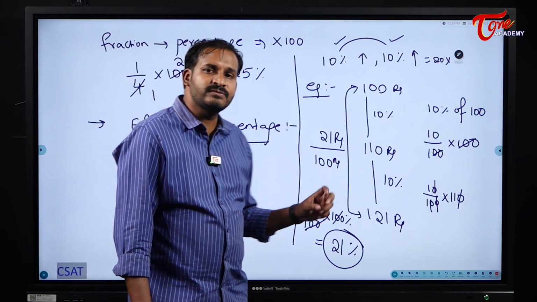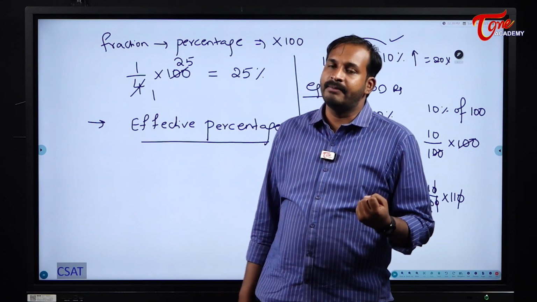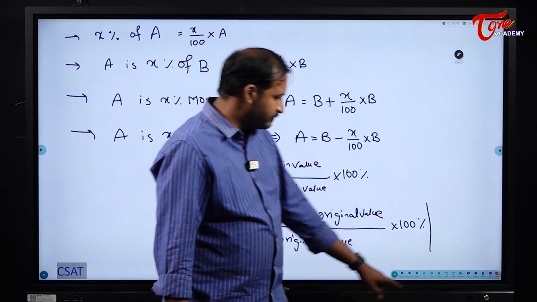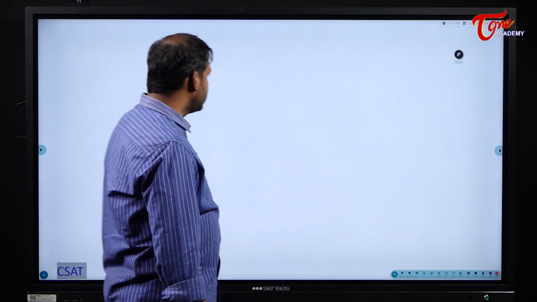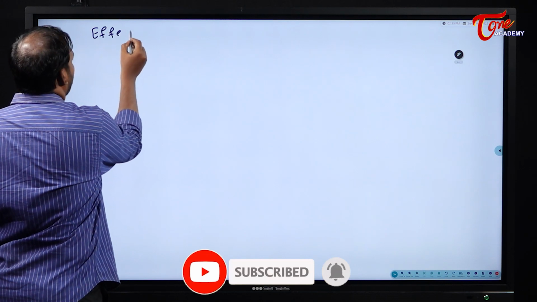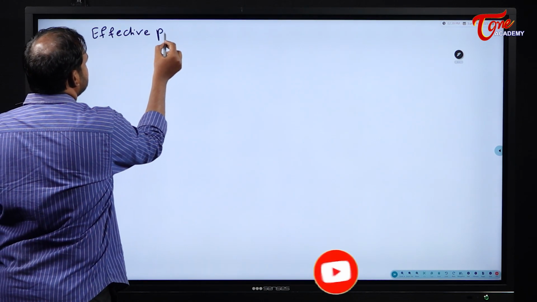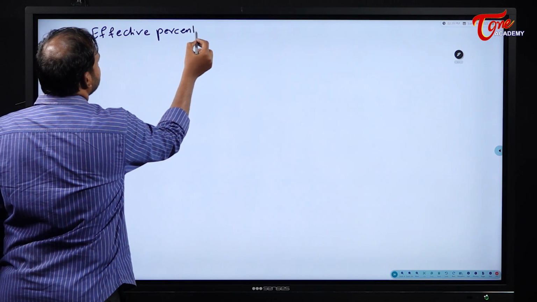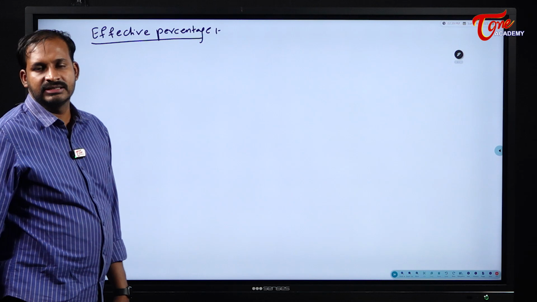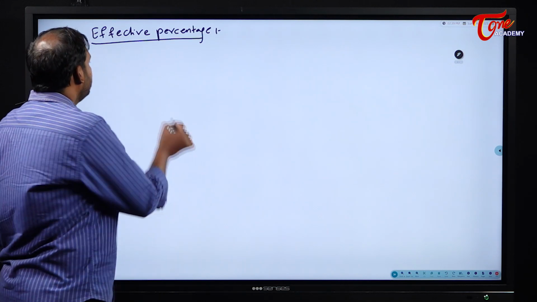Here, in this case, the salary was increased by 10% and 10% successively. For this, we have a formula. What is that formula? Effective change in percentage, or effective percentage, both are the same, students.